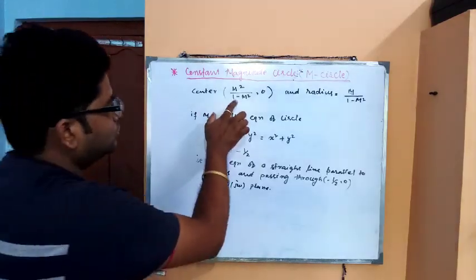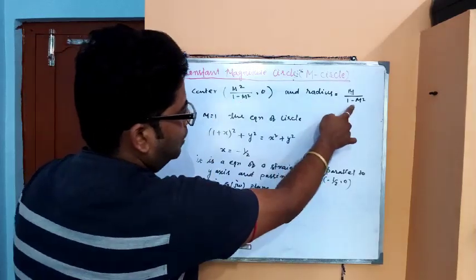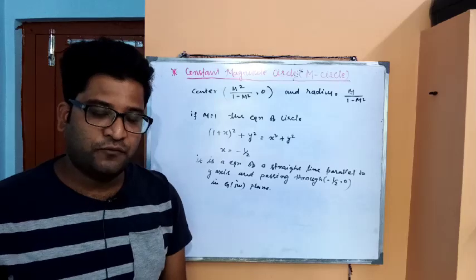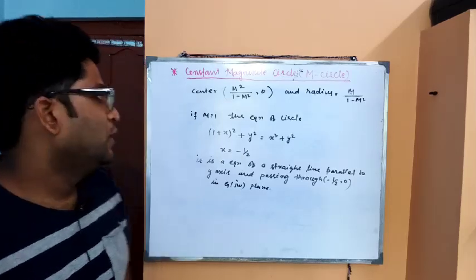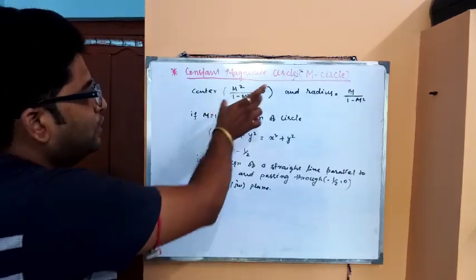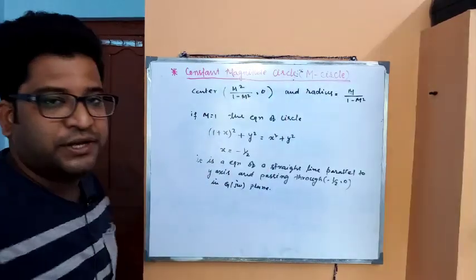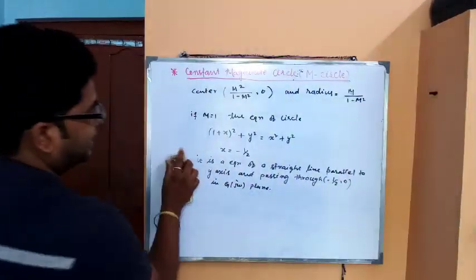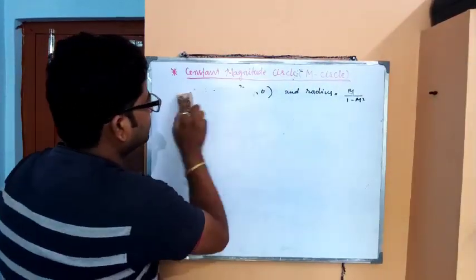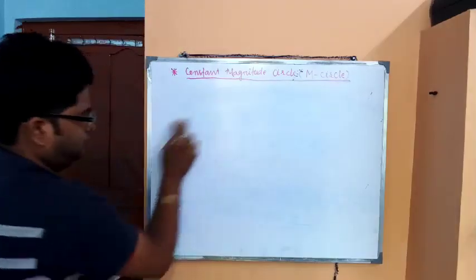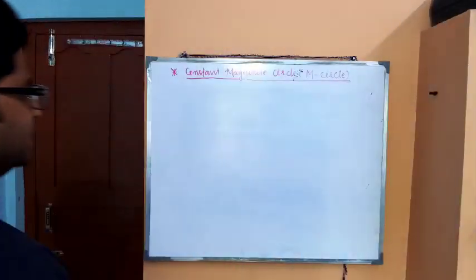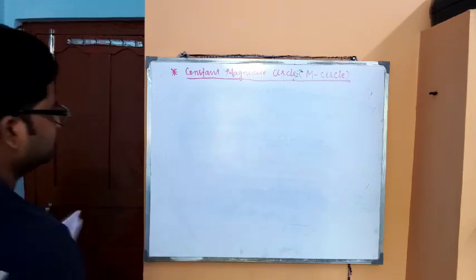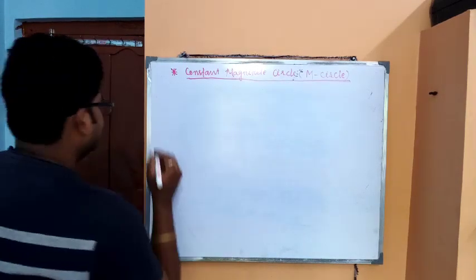Both the coordinates of the center and the value of radius depend upon m. With respect to this we need to make a table for drawing the m circle.